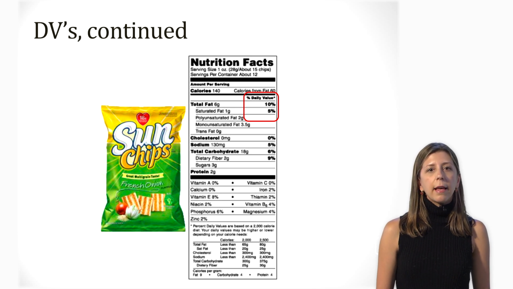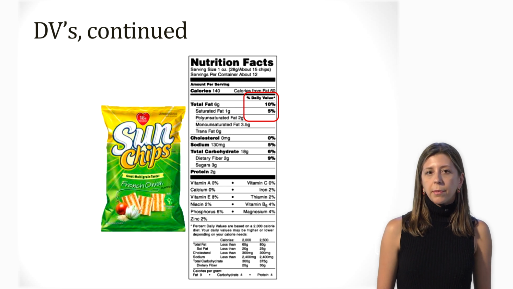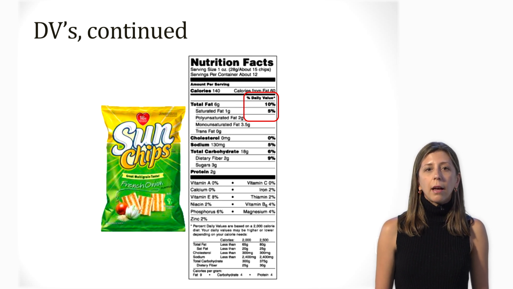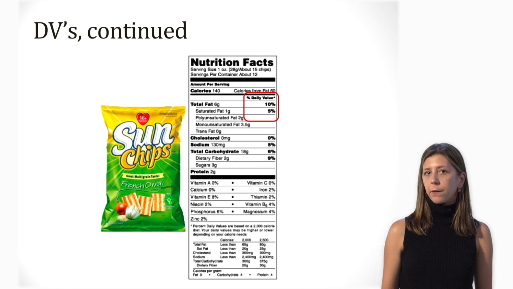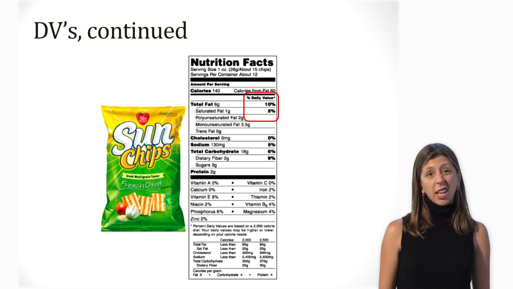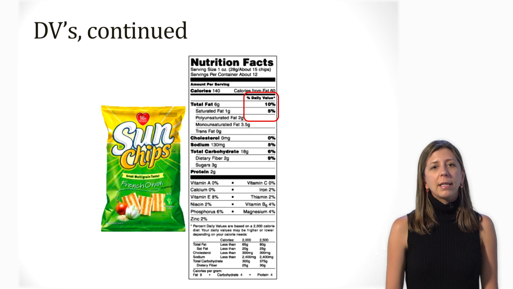So here you can see that the serving size on this bag of chips is 1 ounce. So for about 15 chips, the fat DV is about 10%. So I'm getting 10% of the daily value for fat by eating about 15 chips, right? So I don't have to eat a lot of chips to get some fat here.